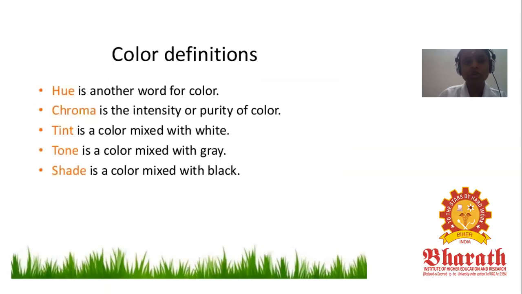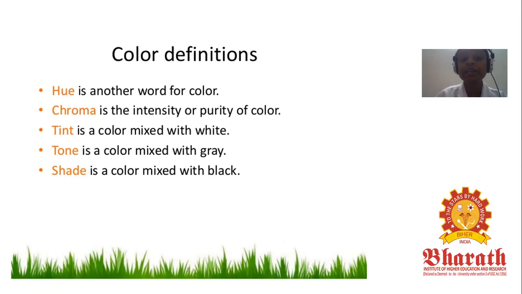Color definitions. Hue is another word for color. Chroma is the intensity or purity of color. Tint is a color mixed with white. Tone is a color mixed with gray. Shade is a color mixed with black. Hue is only the technical term for color. Chroma is the intensity and purity of color.